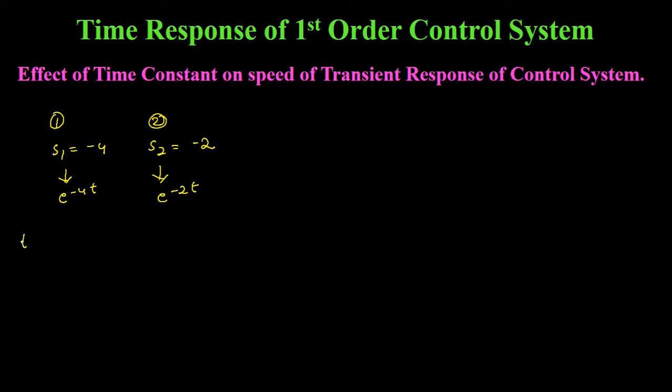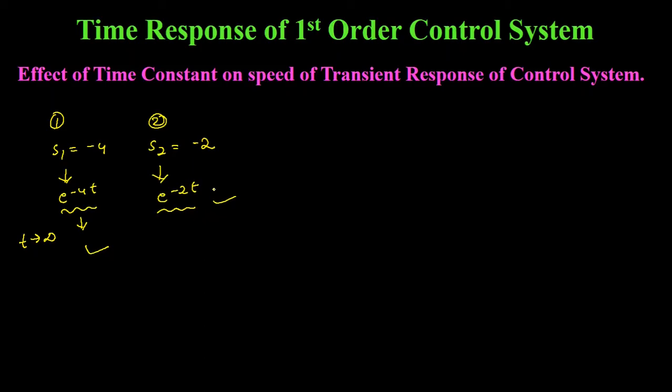When t tends to infinity, the system with the e to the power minus 4t term will vanish earlier than the system with the e to the power minus 2t term. Thus the e to the power minus 4t system will stabilize and reach the steady state earlier than the e to the power minus 2t system.